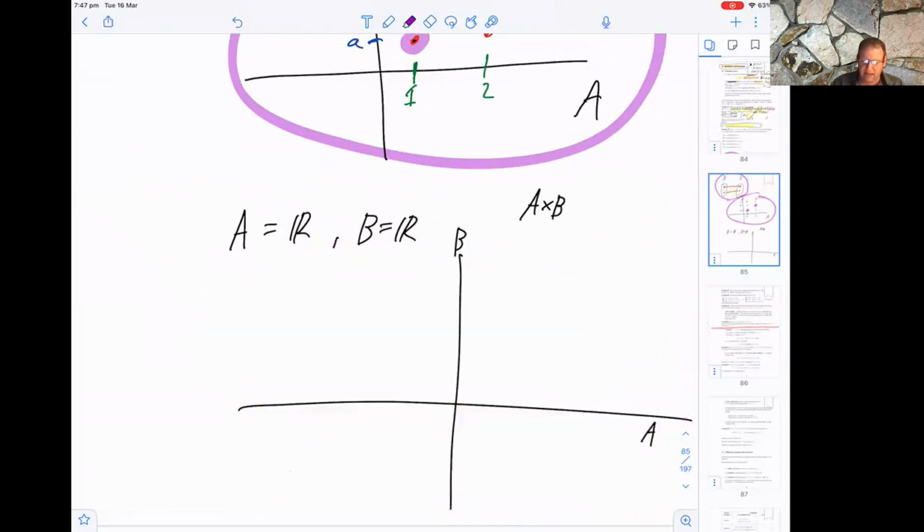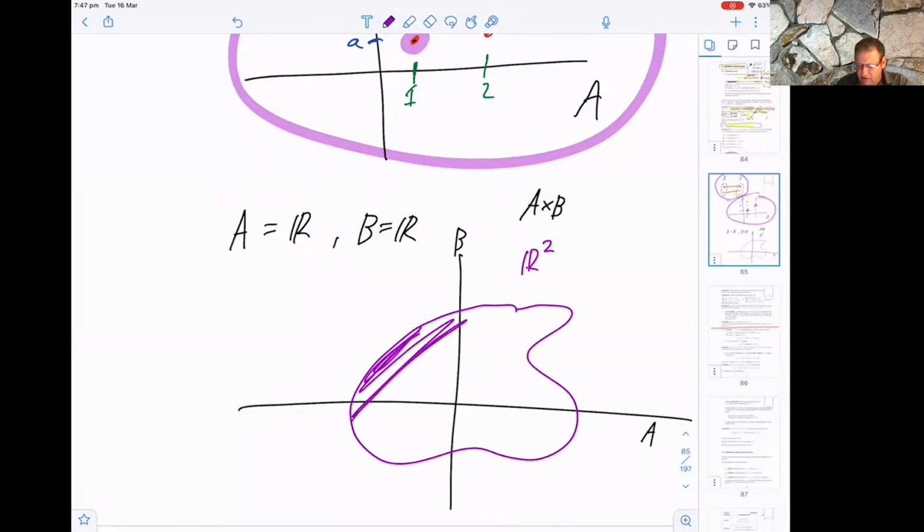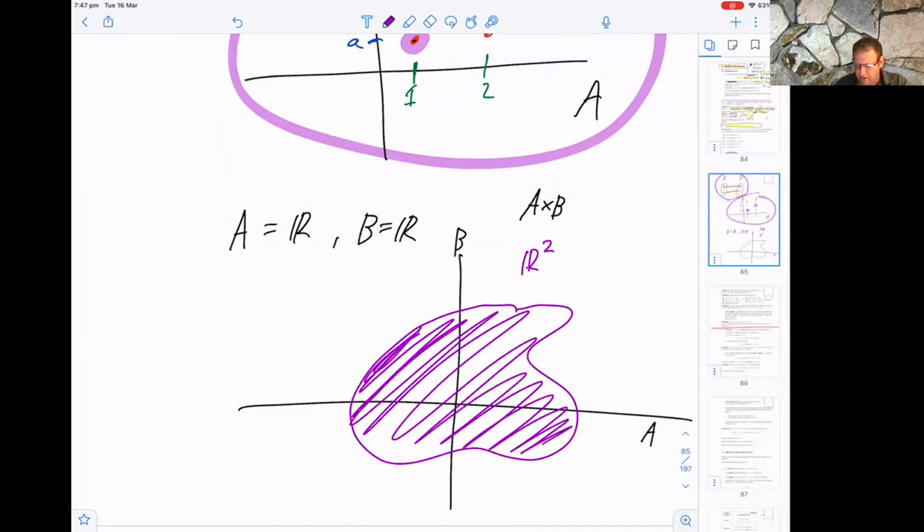So that's R squared, the Cartesian plane, right? A relation is just some subset of R squared. Now I could have taken, for example, this shape here and said that all these points here are some relation. But that's not a function.